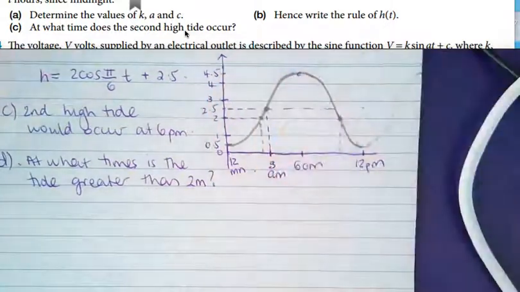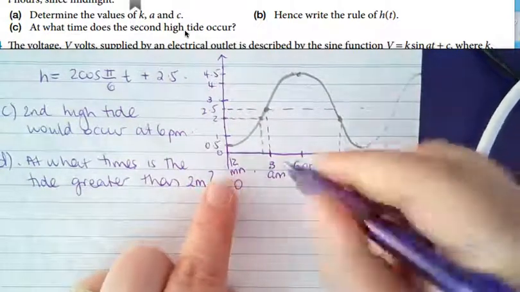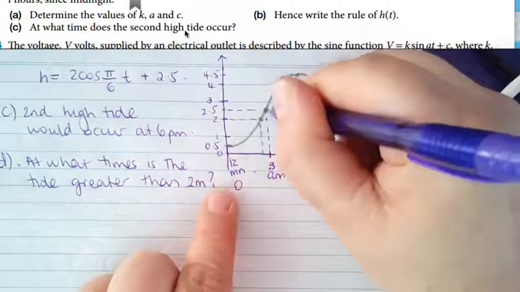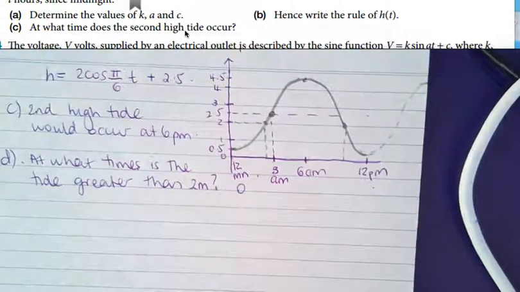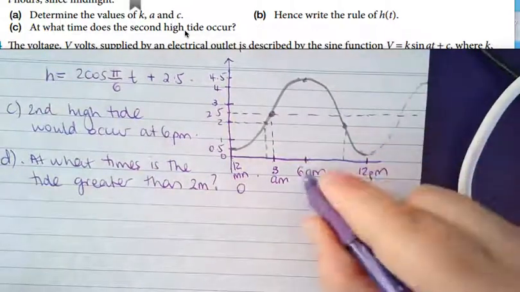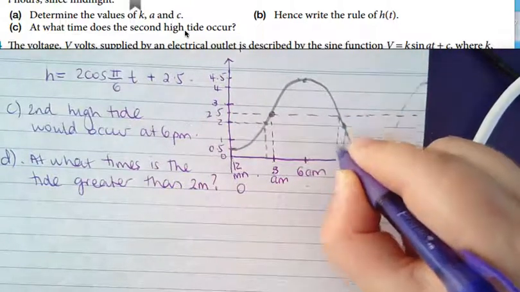Because the halfway point is 2.5. So what you do, you've got 0 for midnight, you've got 6, and you've got 12. That's half of the curve, 6 a.m. So a quarter of the curve is 3 a.m. Now that quarter occurs where your axis is for your graph, your midway point of your graph. And then halfway between 6 and 12 is 9, and that occurs on there.